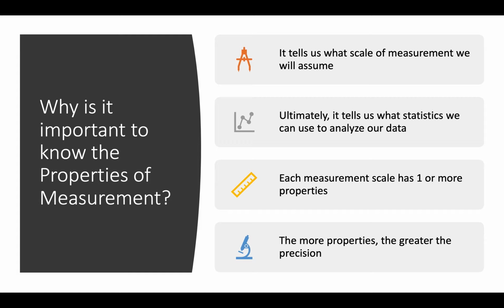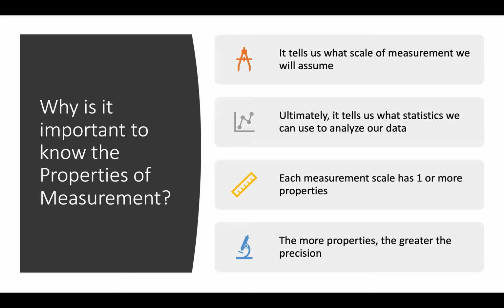It tells us which scale of measurement we want to assume, which we'll talk about next, and which statistics we can use to analyze our data. So you can't use different properties for different statistical techniques. There are some rules you have to adhere to. It can also tell us how precise we can be in actually measuring and manipulating variables.